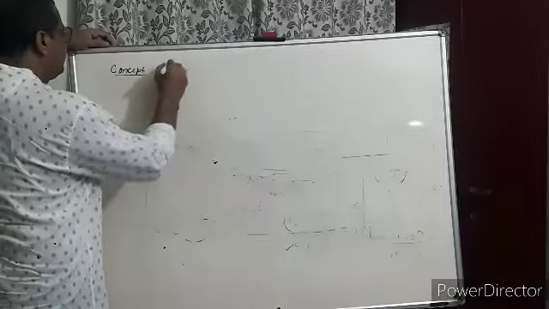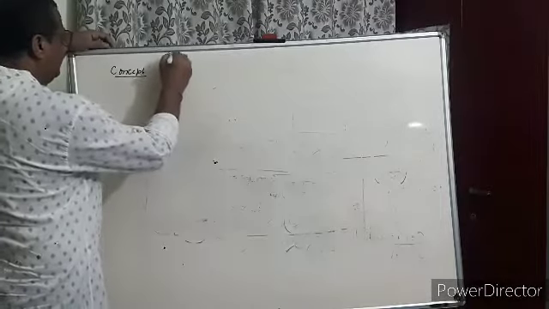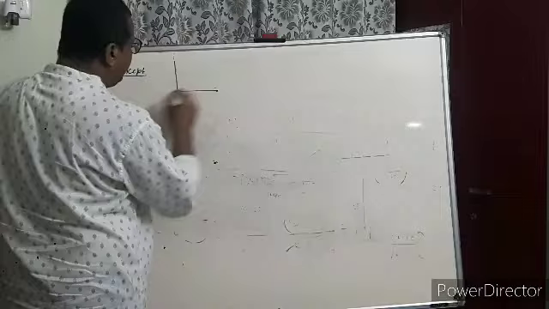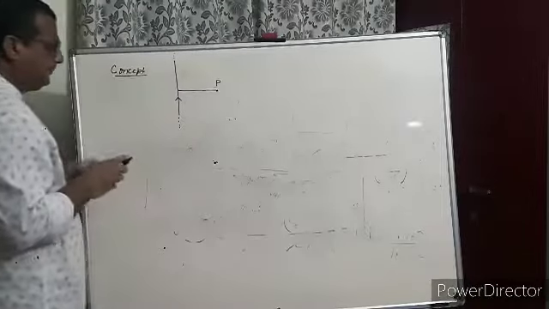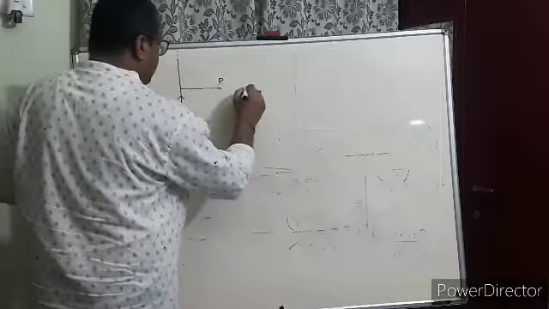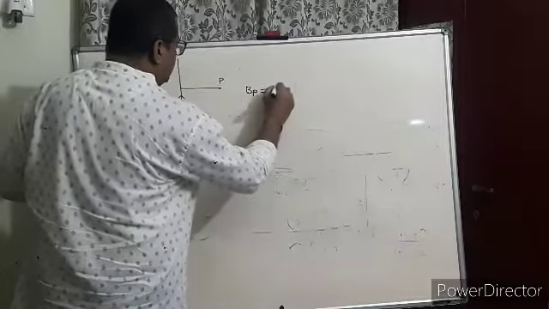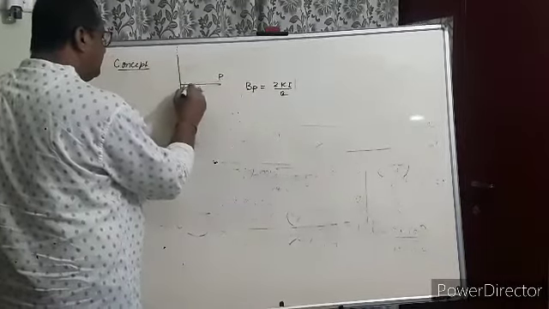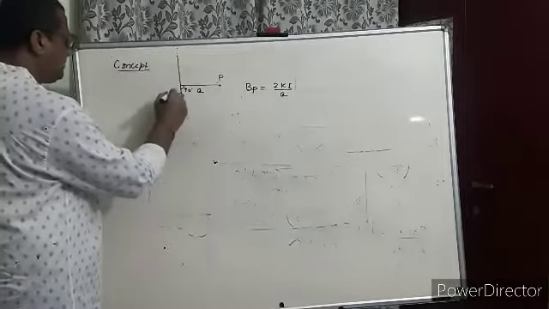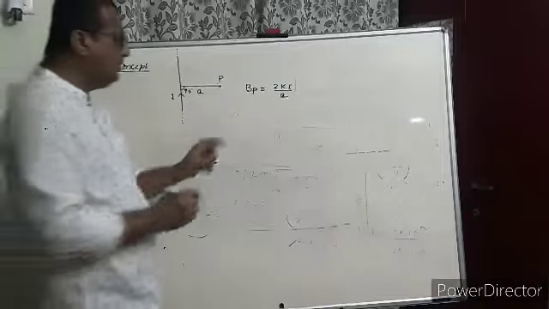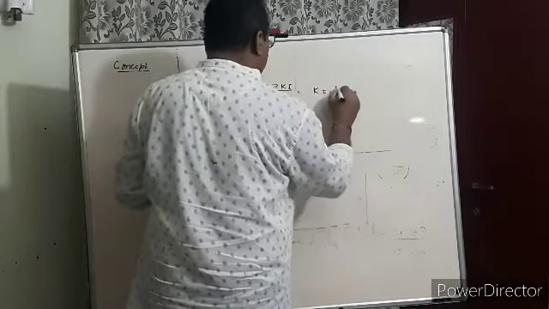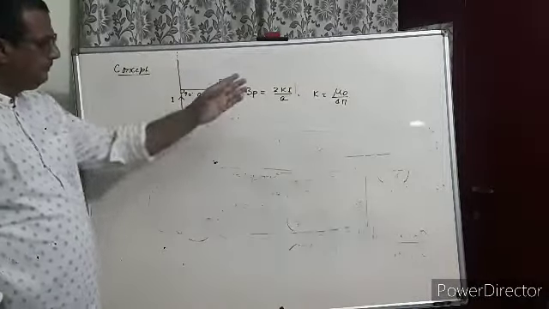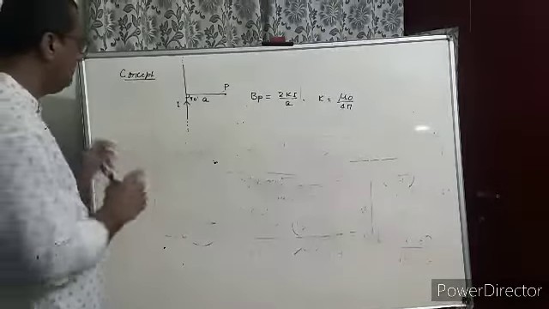When a straight wire carries current and the wire is infinite, the magnetic field at point P is equal to 2Ki by A, where A is the perpendicular distance and I is the current passing through the wire, and K you know is mu naught by 4 pi, where mu naught is the permeability of the medium.